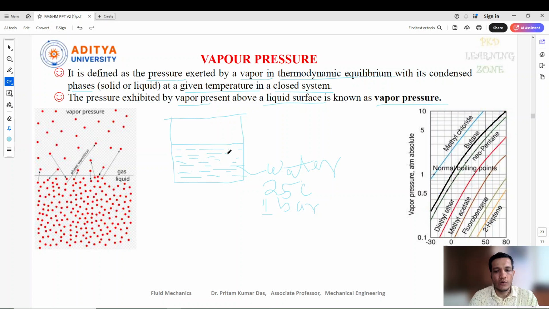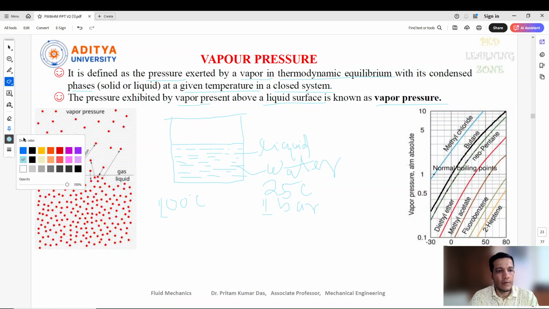To vaporize this water we require at least 100 degrees centigrade so that the water can start vaporizing. When the water starts vaporizing, this is in the liquid state, and in this gap you can also see some different air molecules.